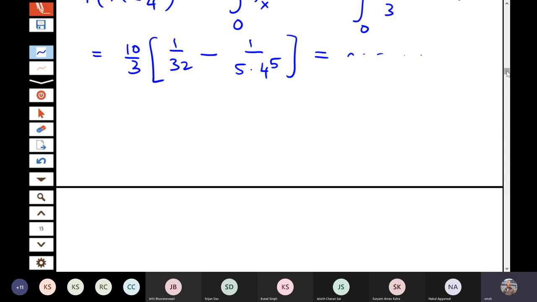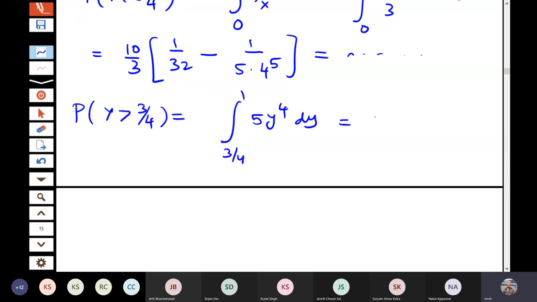Similarly, the probability of y greater than say 3 by 4, that's the integral of 5y to the power 4 dy from 3 by 4, so that is y to the power 5, that is 1 minus 3 by 4 to the power 5.